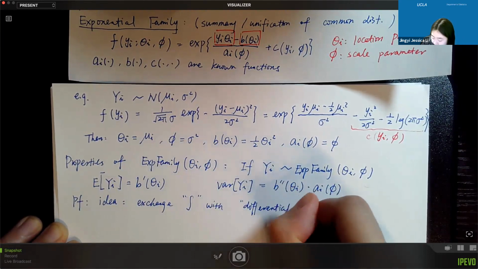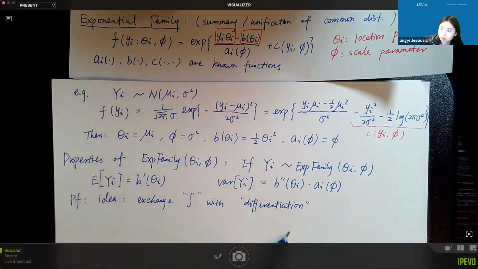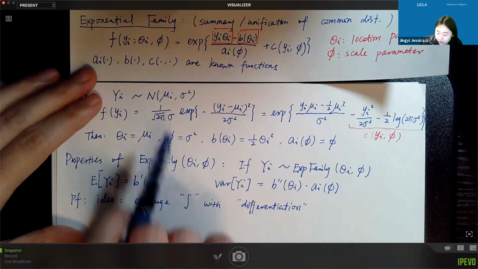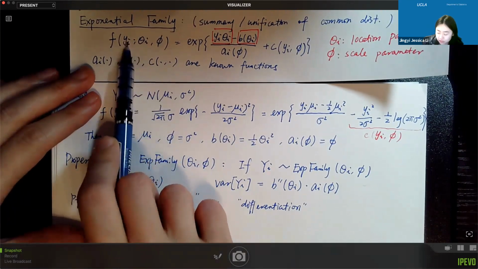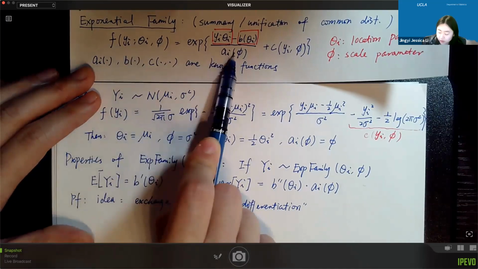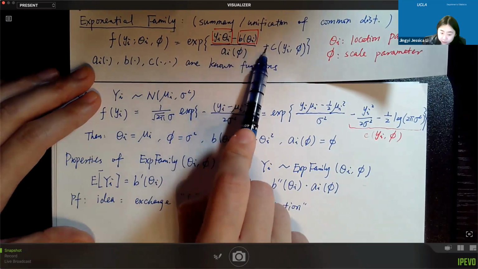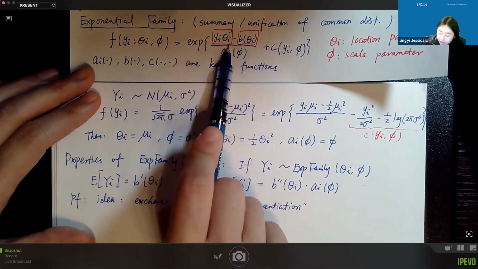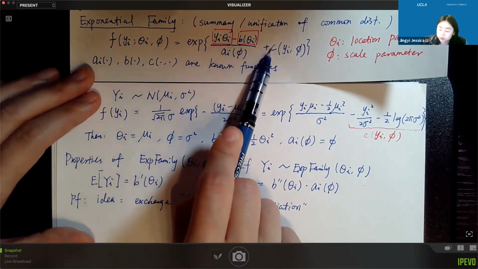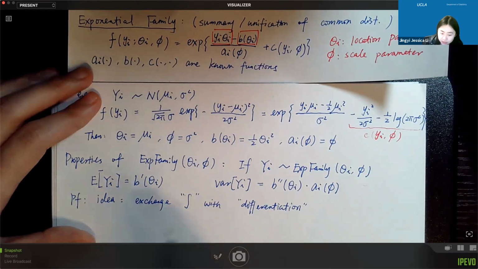And we know from calculus that this can only occur when the function is smooth enough. And that's the case for the density functions in the exponential family. So if we think of this as a function of theta i, then it's very smooth. So that satisfies the requirement for this exchangeability.